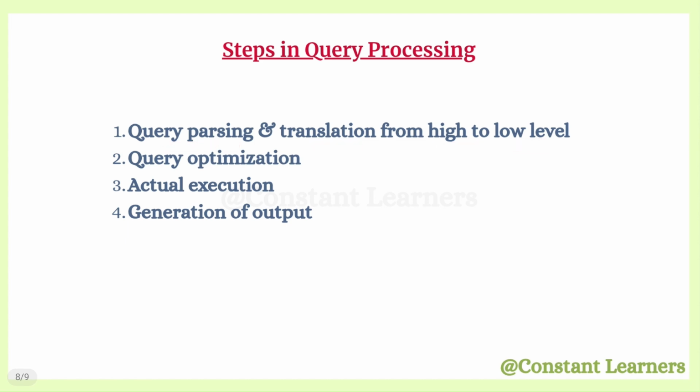Once the query has been parsed, these tokens are then sent to the optimizer, right? And in the query optimization phase, the best and the most efficient query execution plan is generated. This query execution plan is given to the actual execution section where the actual execution takes place and the output is generated. Alright, so that was all about steps in query processing.